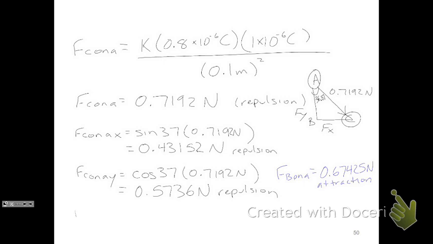So F net Y of A is equal to F net B on A in the Y direction plus F net of C on A in the Y direction. And this was also in the Y.